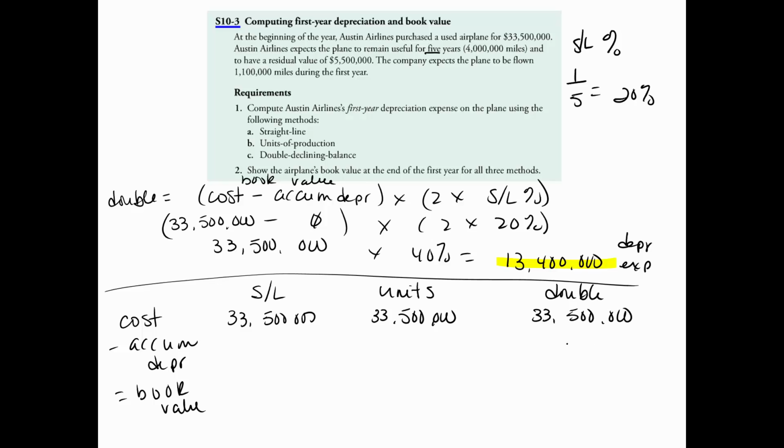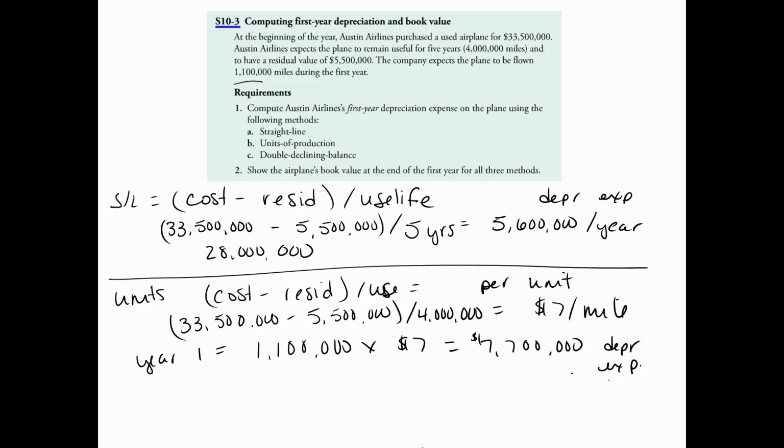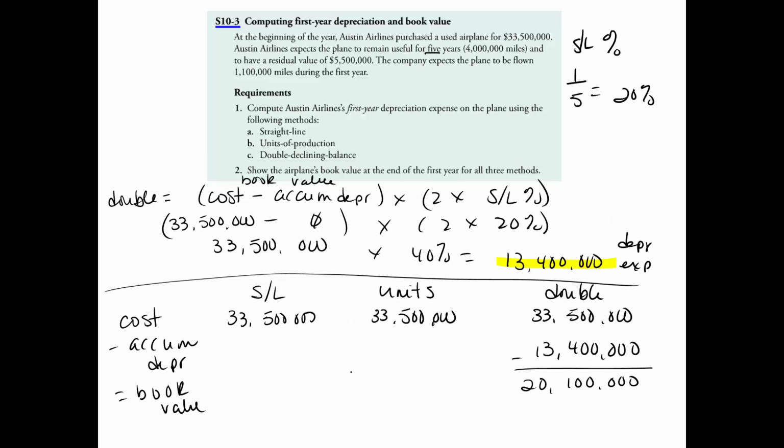The depreciation under double declining was 13.4, which gave me a book value of 20,100,000. And I had 5.6 and 7.7 million here.